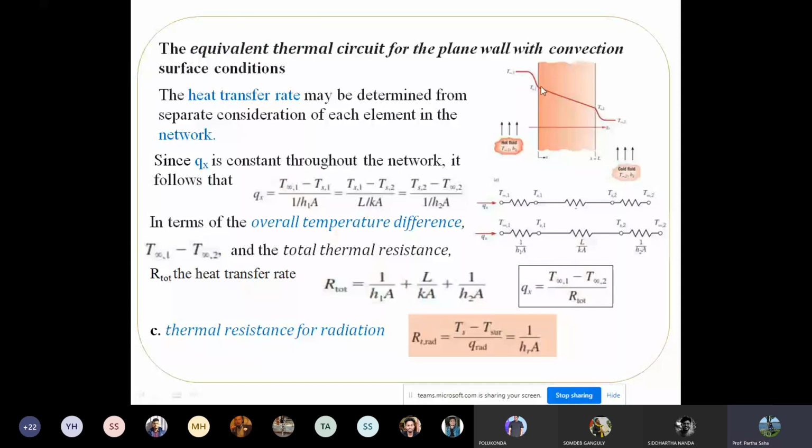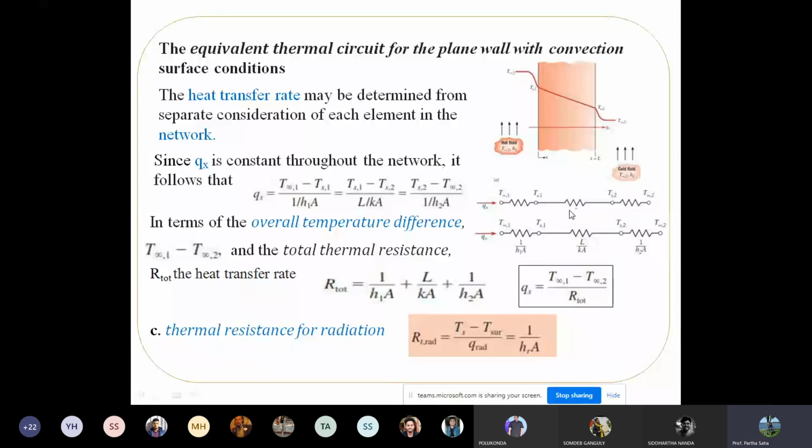Now it comes to Ts1. Then the heat passes through this plane wall, so here it is conduction. Then again from Ts2 to T∞2, heat transfer happens due to convection. So here there are two convective heat transfers and one conductive heat transfer, right? If I draw it in terms of a resistance model, you can see from T∞1 to Ts1, there is a resistance.